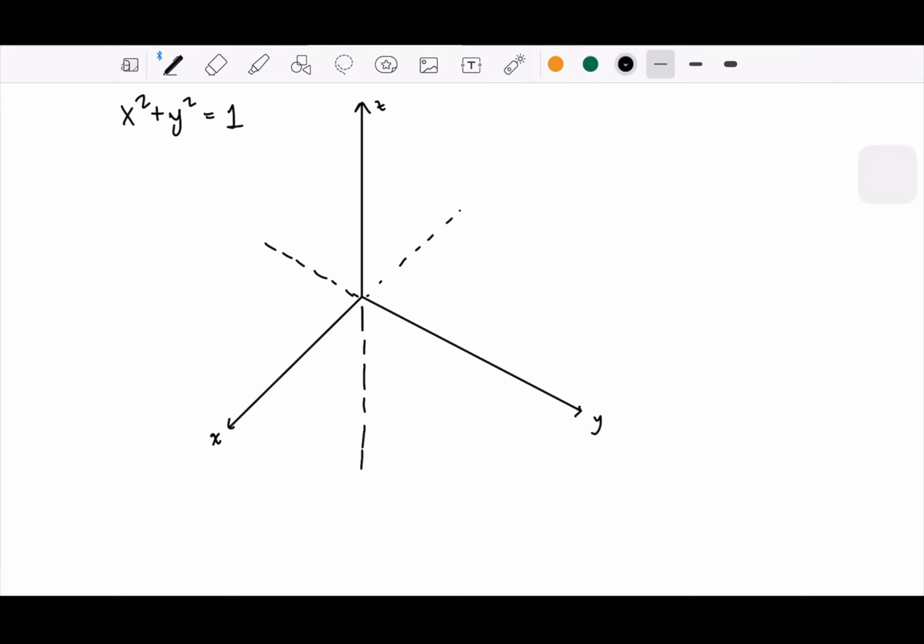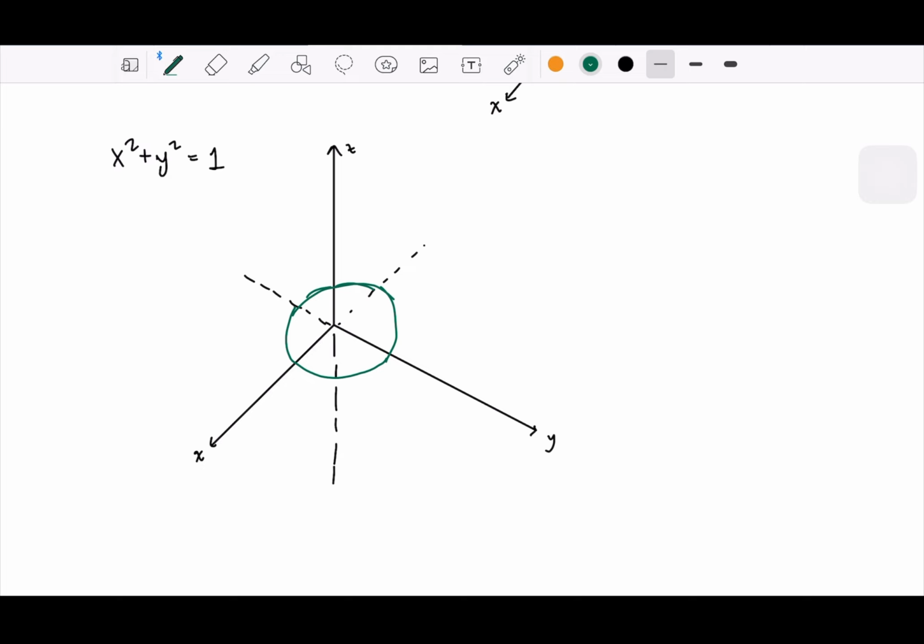So if you draw first the xy, through the xy plane, this means that this is a circle here. Let me draw this as a circle, right? Maybe something like that, circle, x squared plus y squared equal 1.